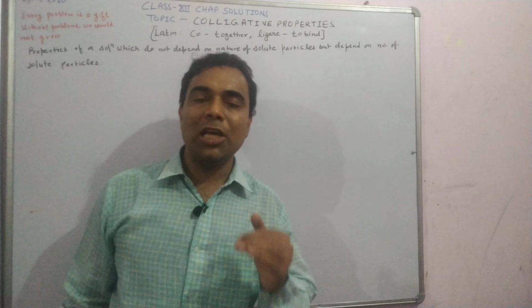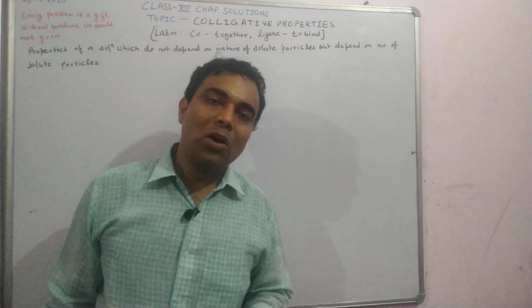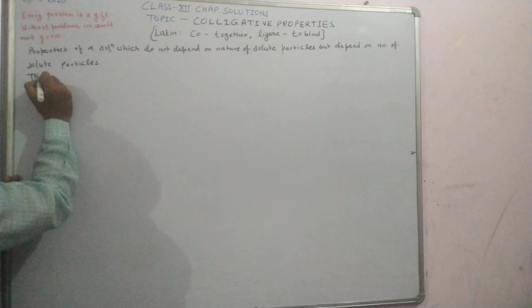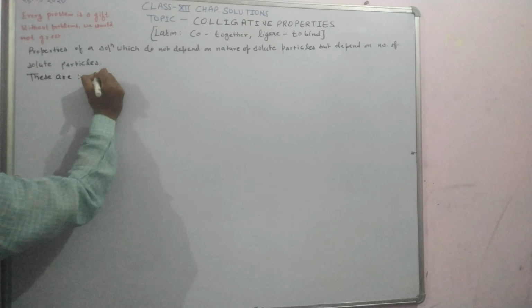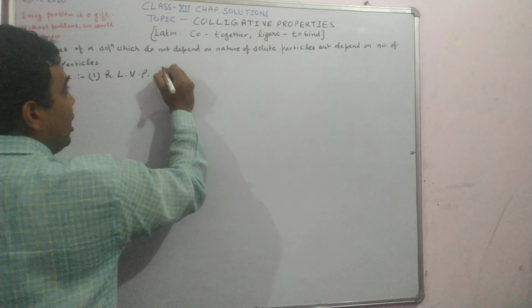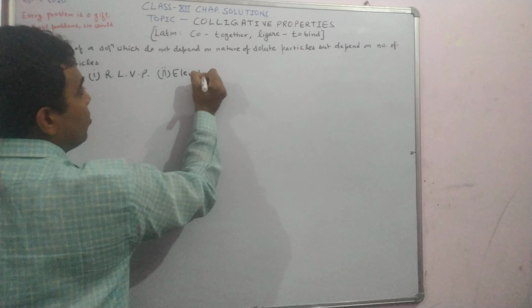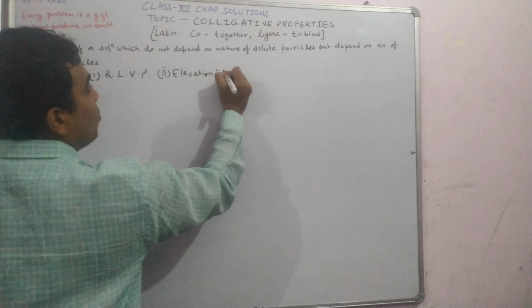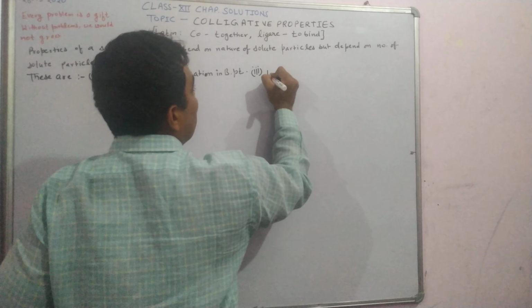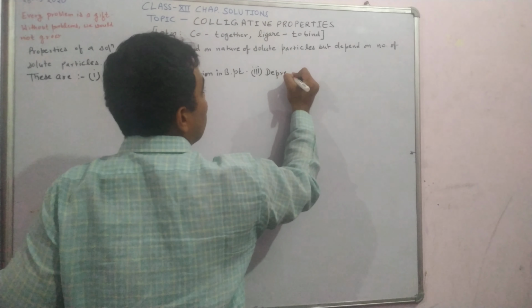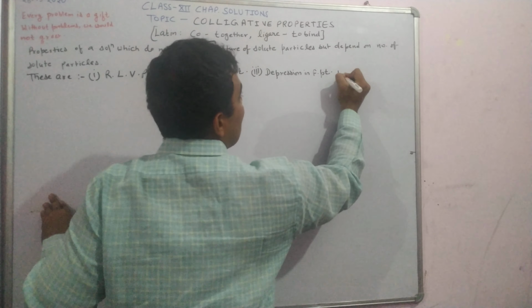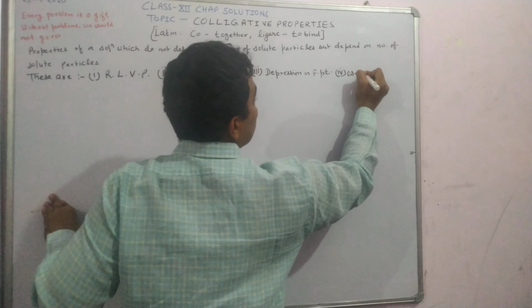In our plus 2 class syllabus, we have majorly 4 types of colligative properties, and these are: first, relative lowering in vapor pressure; second, elevation in boiling point; third, depression in freezing point; and last one, osmotic pressure.